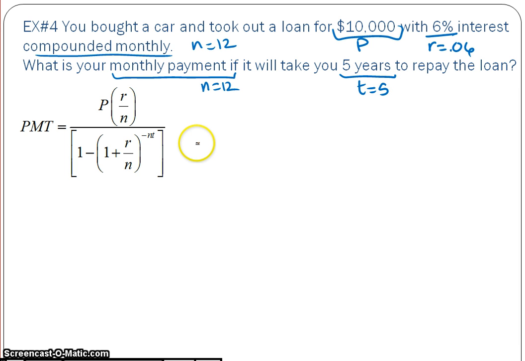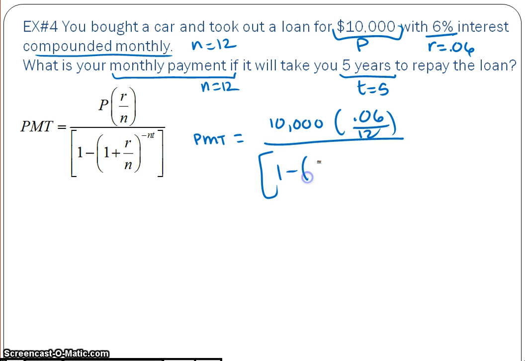So we're going to plug everything in and find out our monthly payment. How much is it going to cost each month to have that car? Okay, so it's $10,000 times R 0.06 over 12, all over 1 minus (1 plus 0.06 over 12) to the minus NT, 12 times 5.